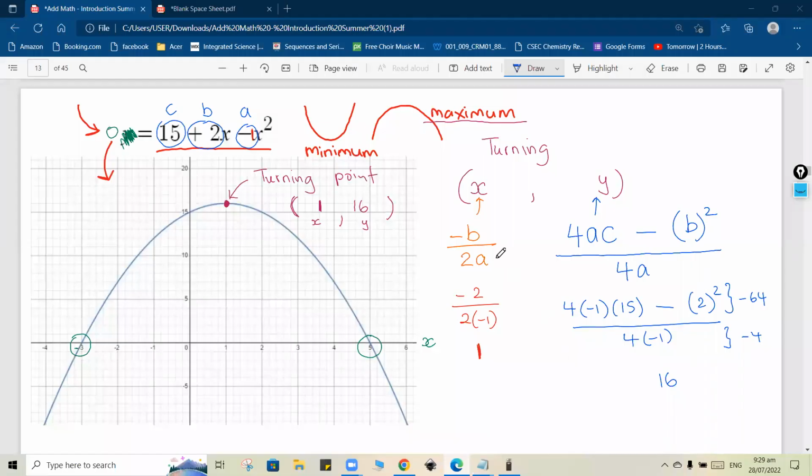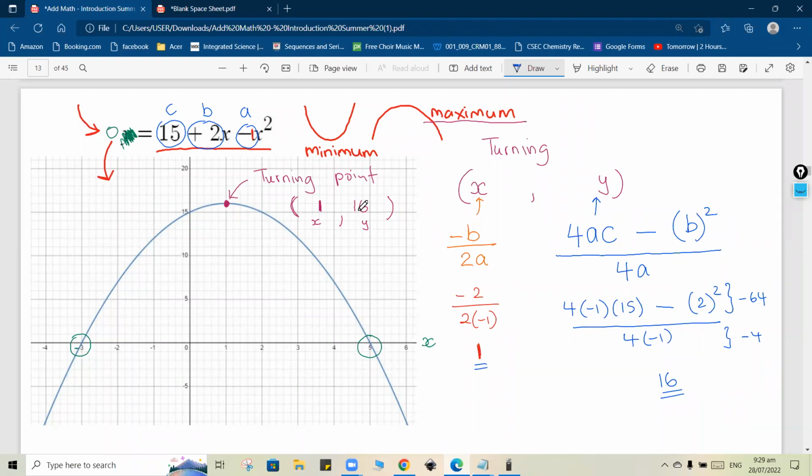Right, so on the screen, I substituted in the values, and of course, I did the working like I'm supposed to do. And it seems that I did get the same two answers, 1 and positive 16. So it just so happens that our estimate was the same thing as our calculations.